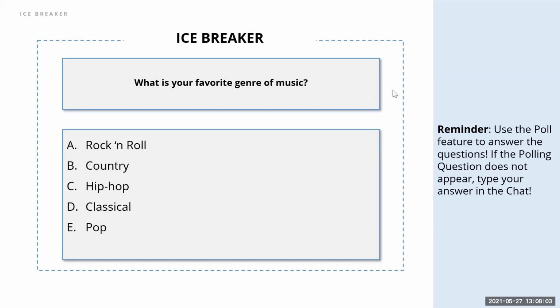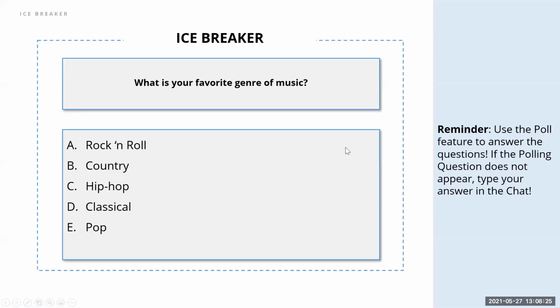Looks like 84% of you have voted. That's awesome. All right, we'll go ahead and end our polling. And when I do these, I'll end it and then share the results with you all so you can see how everyone answered. So this is interesting.